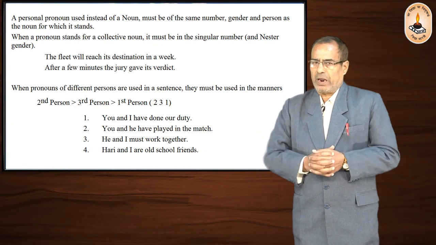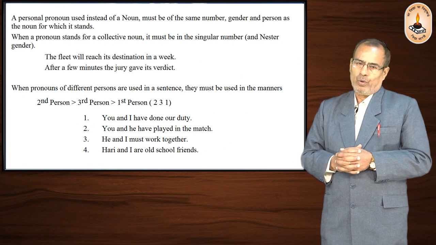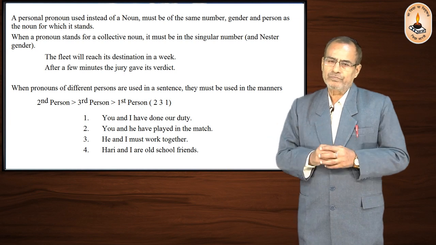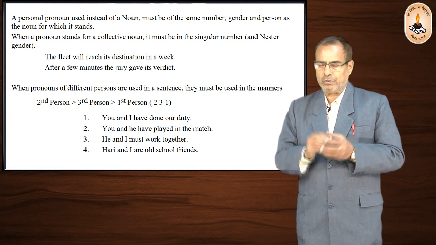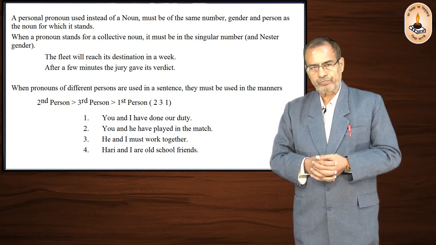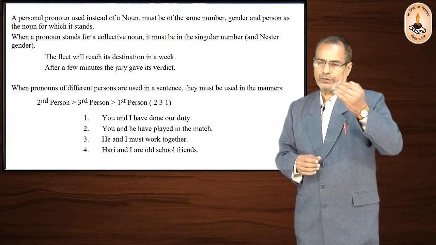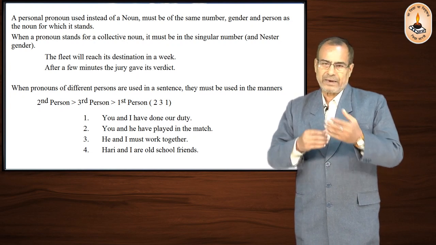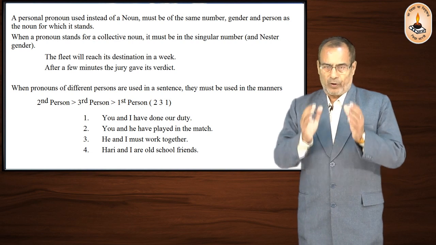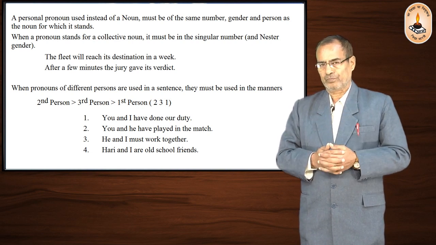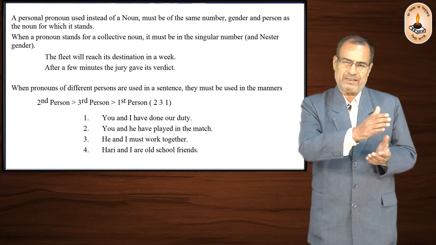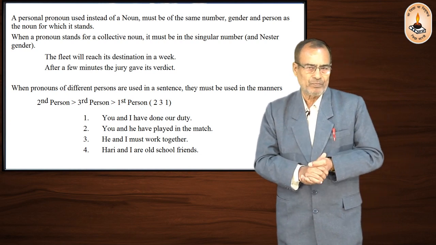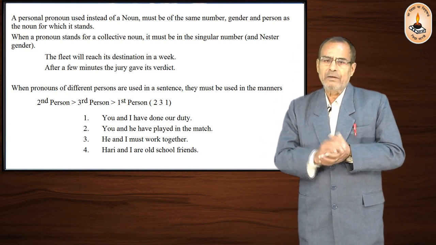One thing very particular, that when we see that there are two or more personal pronouns together in a sentence and they refer to different persons, in that condition we follow a rule to place the personal pronouns of different persons in that sentence.